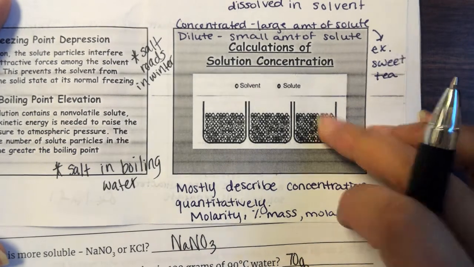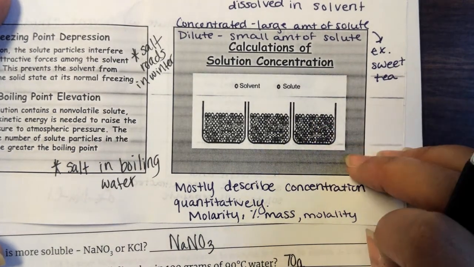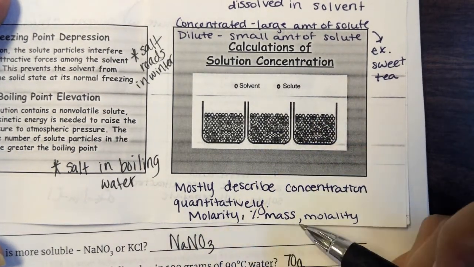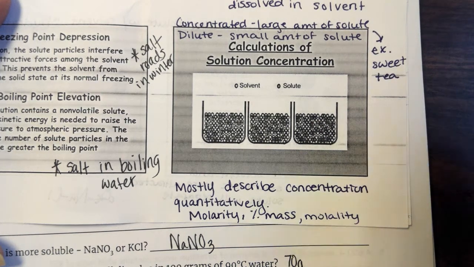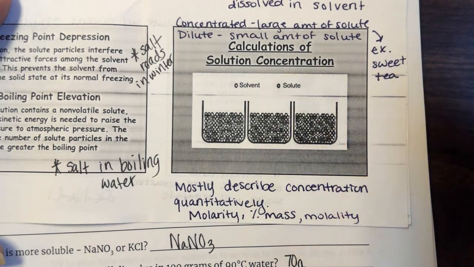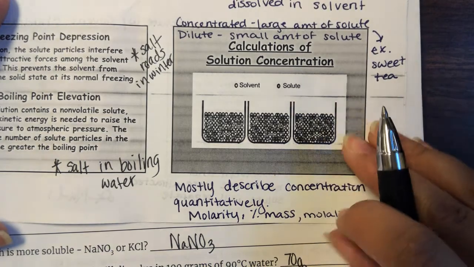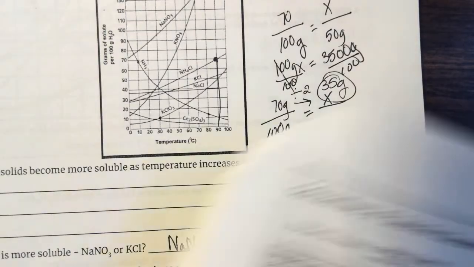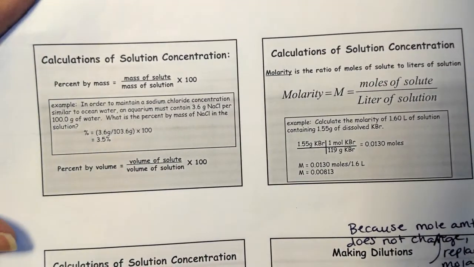But basically, concentration is the quantitative values. We use molarity, percent mass, and molality to describe how much solute is within a solution and its overall concentration. So let's look at these terms.